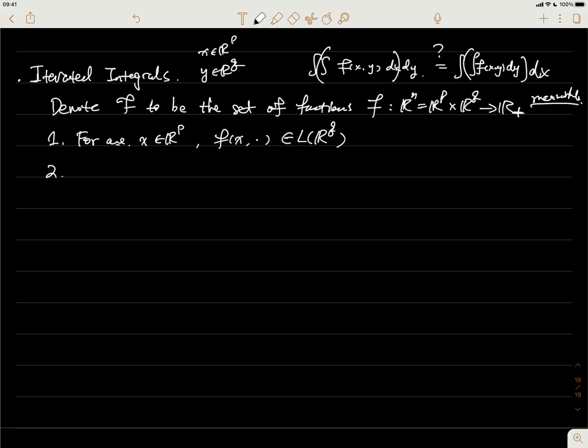The second one is that if we denote capital F of x, for this given function f, I'm going to define a new function capital F, which is a function of x, to be the partial integral of f, which just means taking an integral of f over y only.